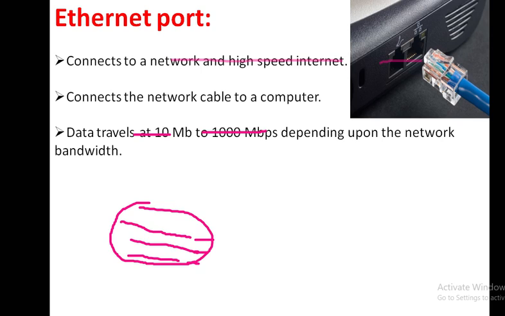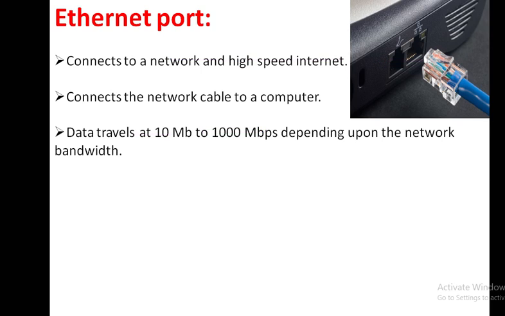Now Ethernet port. It connects to a network and high speed internet. Why do we need an Ethernet port? To connect to the internet and connect the network cable to a computer. This is a network cable.